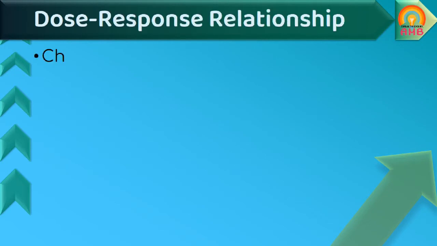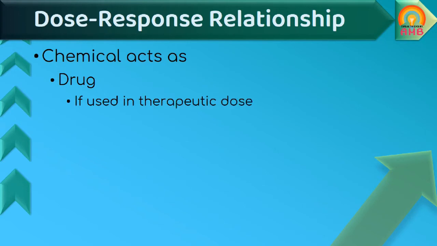We know that chemical substances can act as a drug if they are administered in the therapeutic dose, and these chemical substances can also act as poison if they are administered in higher doses.